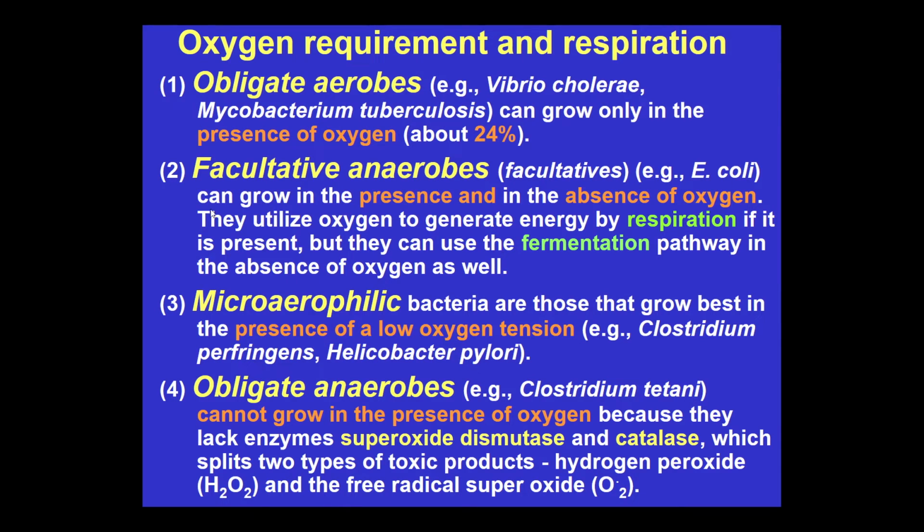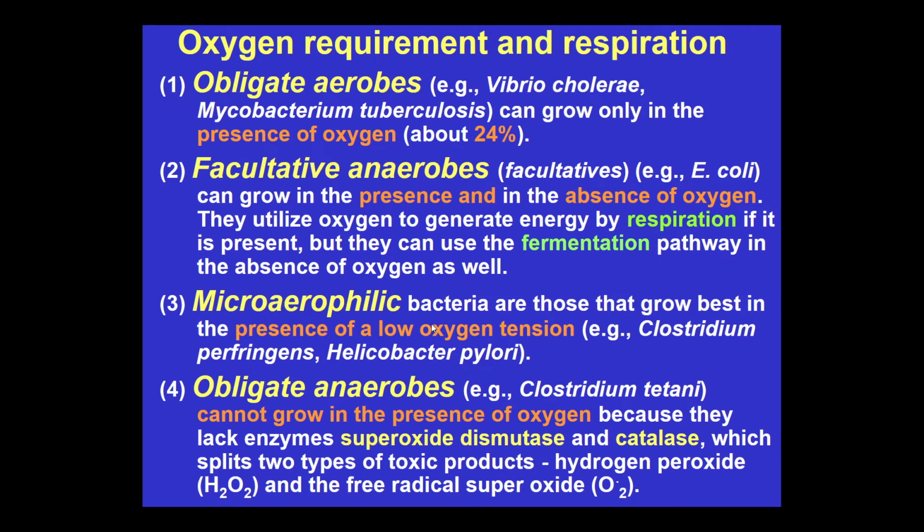And that also happens in the aerobes, but aerobes may produce enzymes which split toxic products, for example hydrogen peroxide, by superoxide dismutase, and then they inactivate the free radicals.